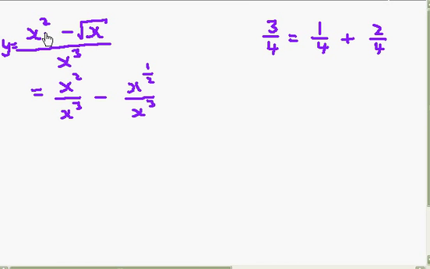Okay, so I've split the fraction. So now x squared divided by x cubed is x to the minus 1. And then we've got x to the half over x cubed. Okay, now 1/2 take away 3 is minus 2.5, so minus 5/2.